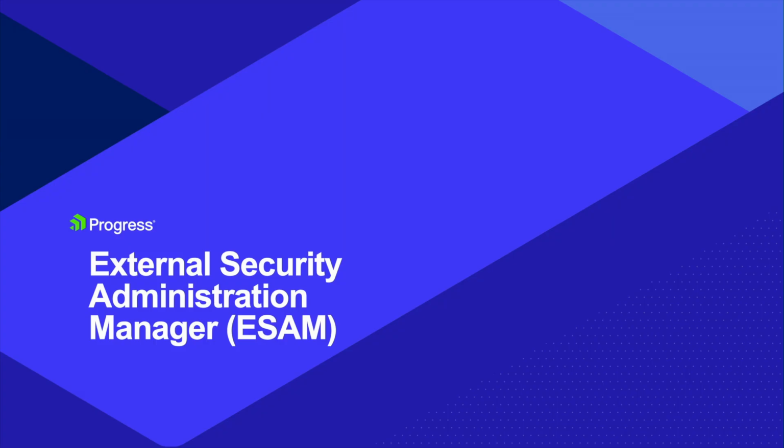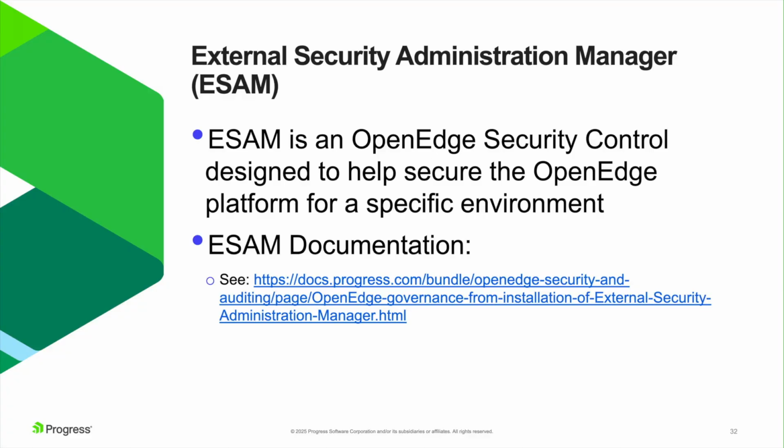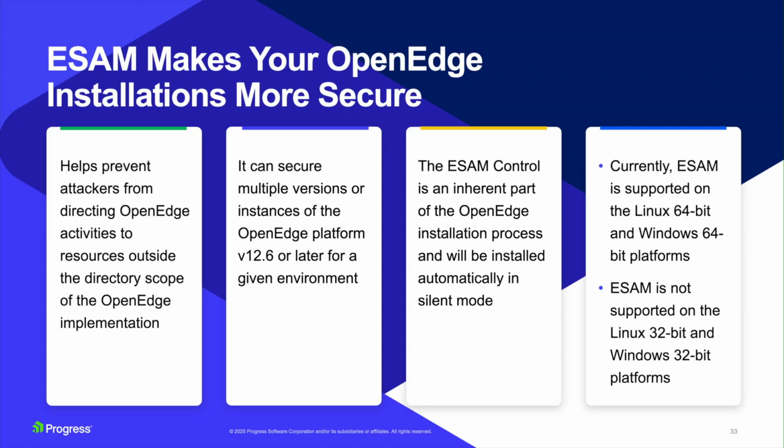Finally, I want to talk a little bit about the External Security Administration, ESAM. ESAM is new in version 12, I believe it's 12.6. ESAM is provided to make sure that your OpenEdge installation, the platform bits, are secure and tamper-proof.